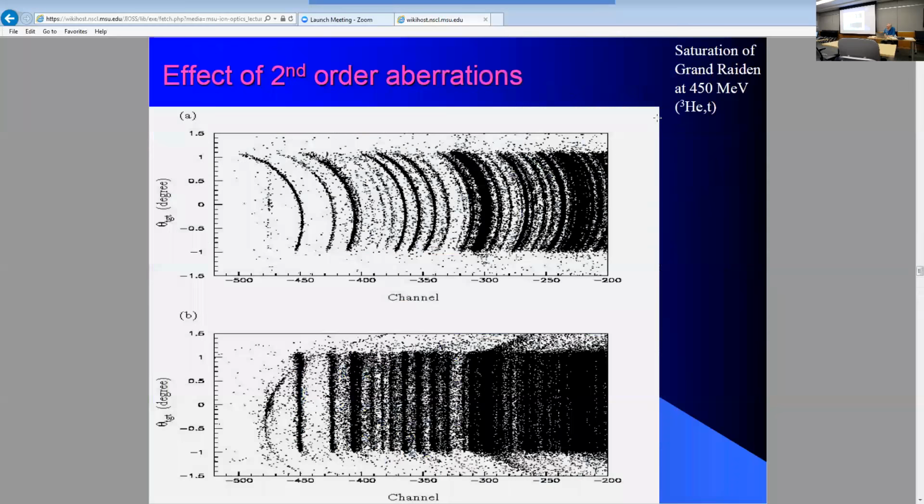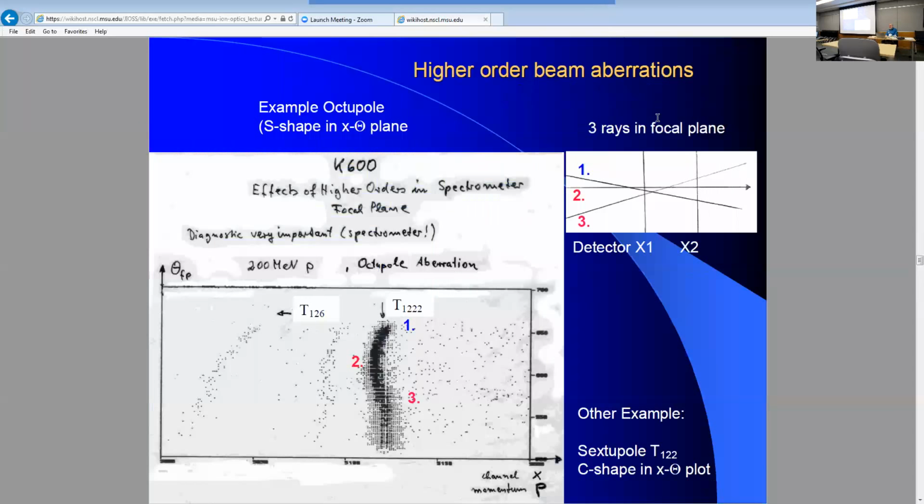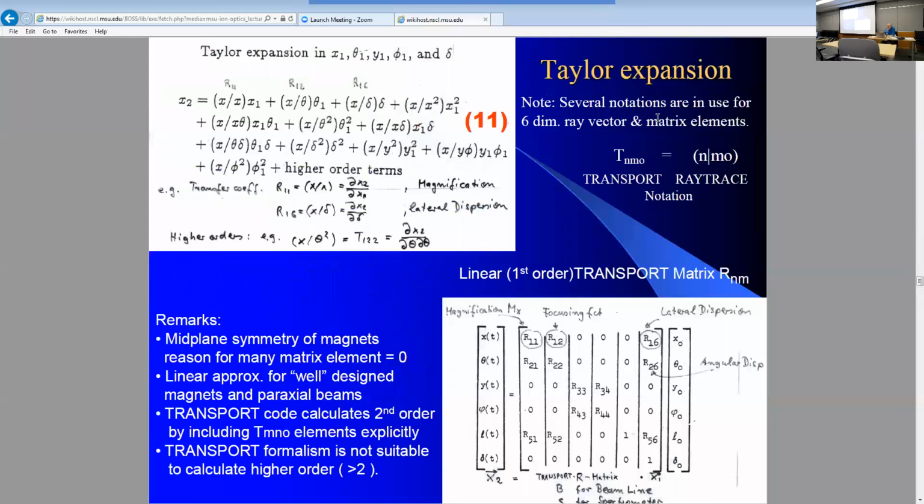So let me just start the discussion about the higher orders. The higher orders are dealt with by Taylor expansion. If you see here, from a location 1 you go to location 2, and you can do that by summing up the matrix elements.